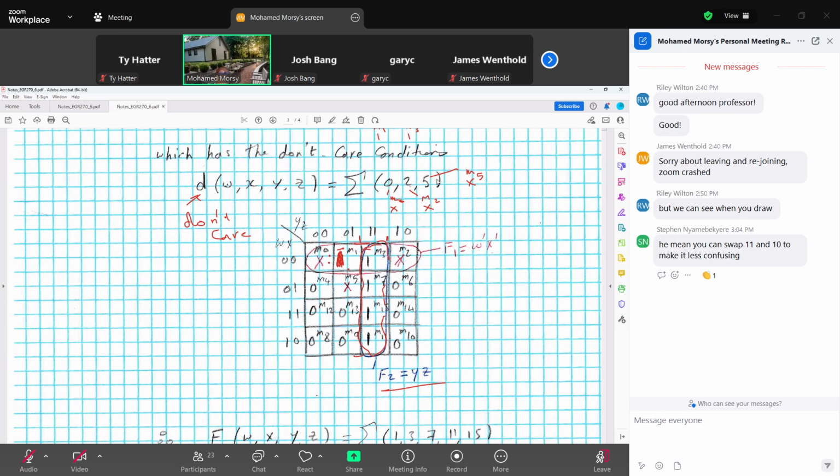We have don't care here, and we have don't care here. And we mentioned for don't care, we can consider it once. So since we have 4 adjacent ones here, it's much better to take it in one group than just to take a group of 2 adjacent ones. So this is the benefit of don't care.